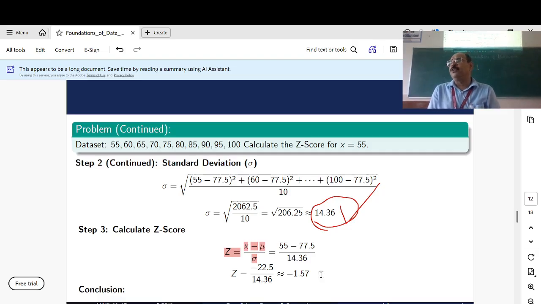The only thing you might have forgotten would be to find out the standard deviation. That's very easy: X minus mu, the whole square. The value at each data point minus mu, the whole square.